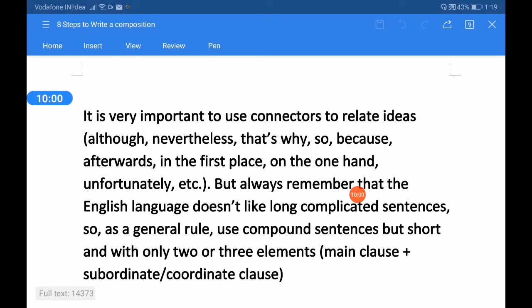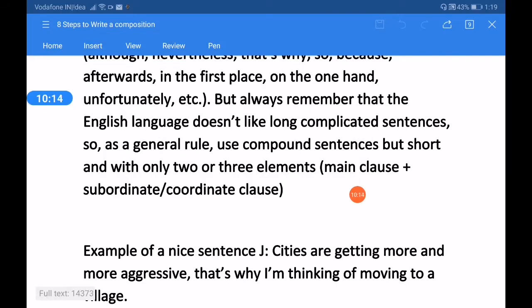It is very important to use connectors. Connectors here means conjunctions to relate ideas: although, nevertheless, that's why, so, because, afterwards, in the first place, on the one hand, unfortunately, etc. But always remember that the English language doesn't like long complicated sentences.